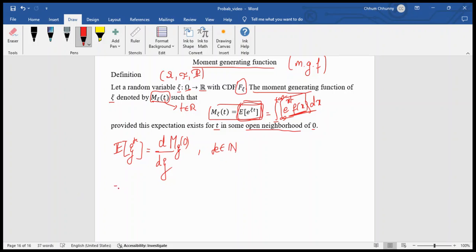What can the moments tell us about the random variable? For the first moment, in the case that k equals 1, E[ψ] is the expectation. In the case that k equals 2, it is the variance, provided that the expectation is equal to 0, that is, the central case.